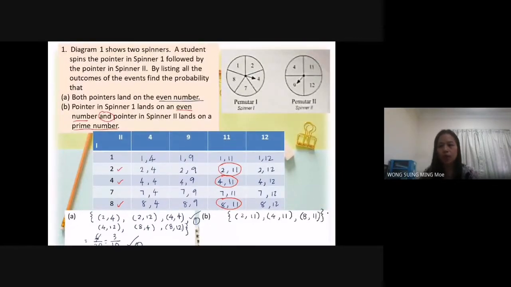So you obtain 1 mark here. After that, write the probability. So possible outcomes are only 3. So 3 over the sample space, which is 20. So you obtain another 1 mark here. We go to question number 2.